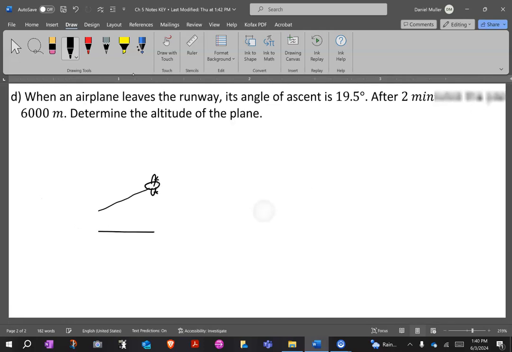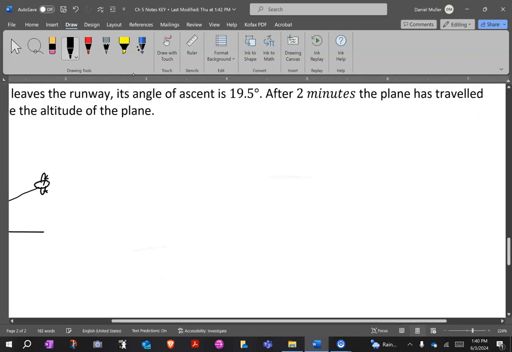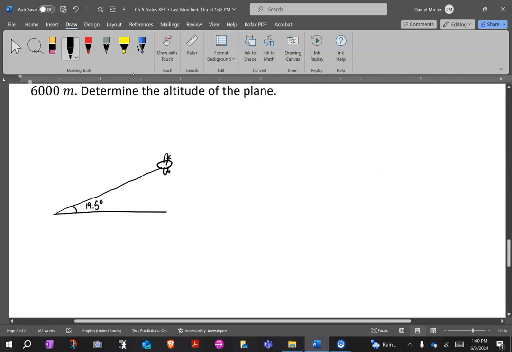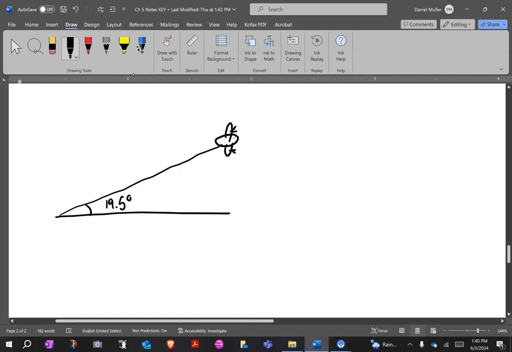Now, it says that after 2 minutes, the plane has traveled, so the distance after 2 minutes is 6,000 meters. This is how far the plane has flown over the last couple minutes. And what we want to determine is what is the altitude of this plane.